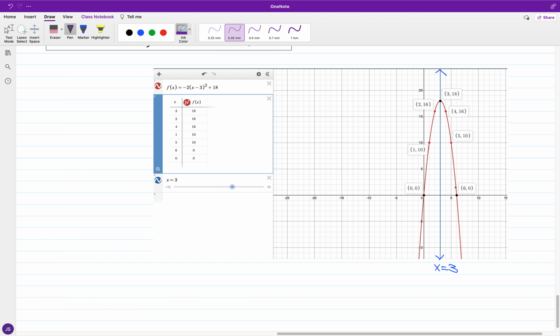All right, now looking at alternating between vertex and standard forms.